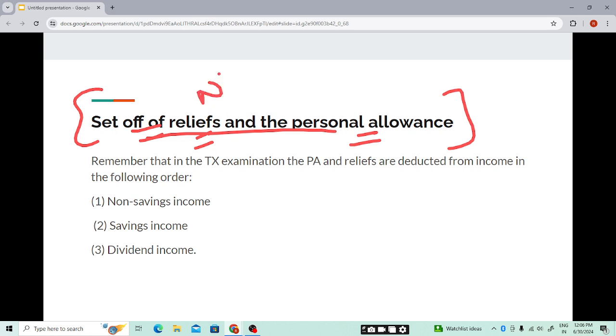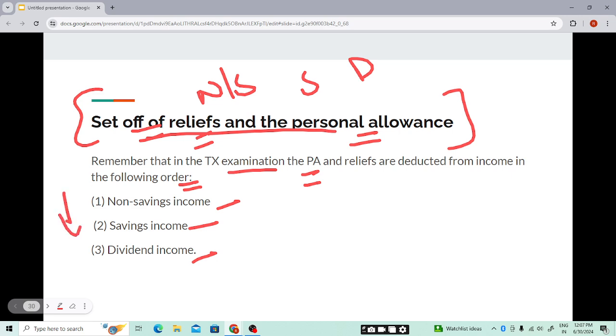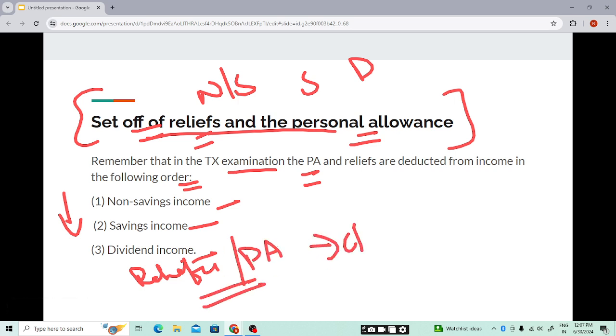What was the order? Non-saving, saving and dividend income. Remember that in the tax examination, the personal allowance and the reliefs are deducted from income in the following order: non-saving income, saving income and dividend income. This order needs to be followed for the reliefs and personal allowance, as we had already discussed in chapter 1.